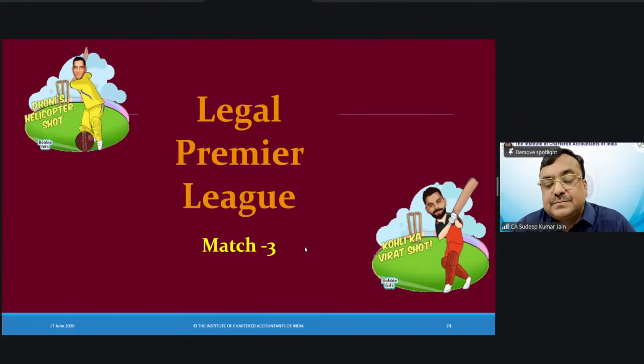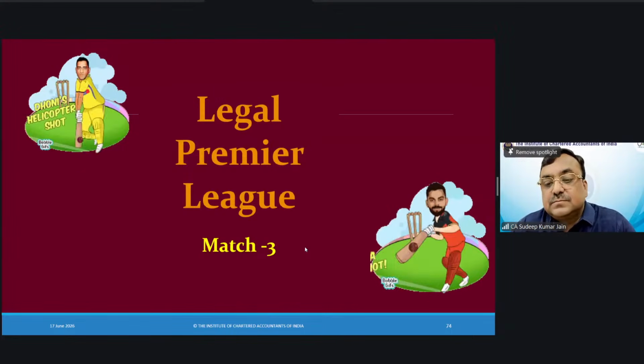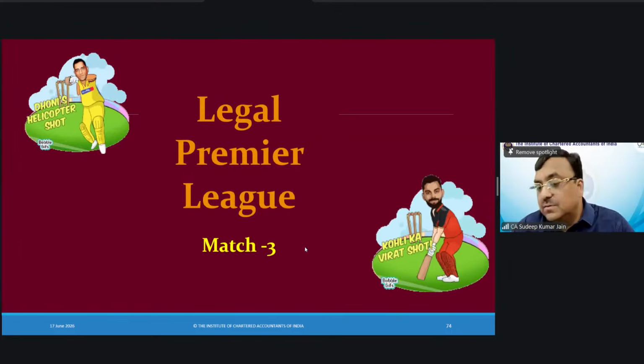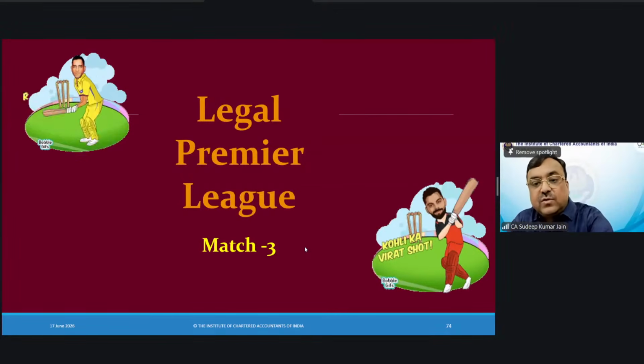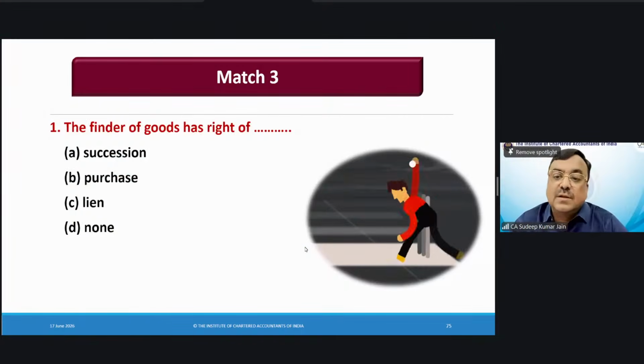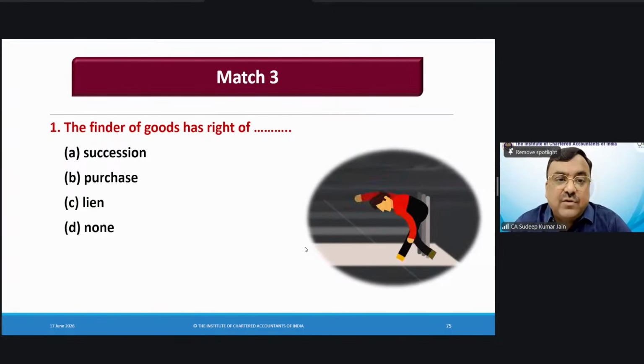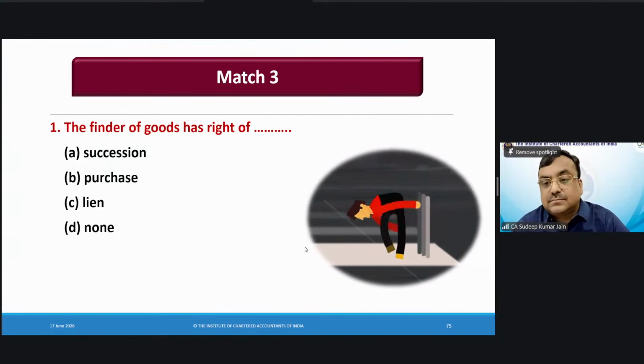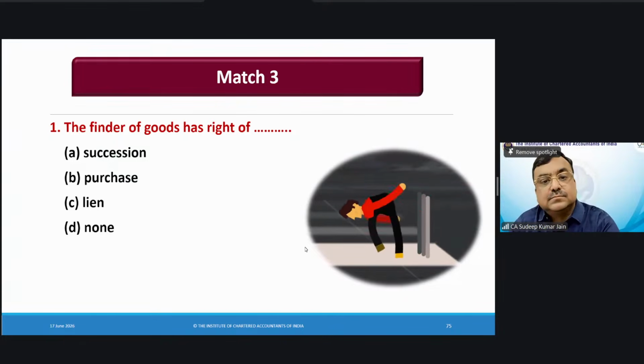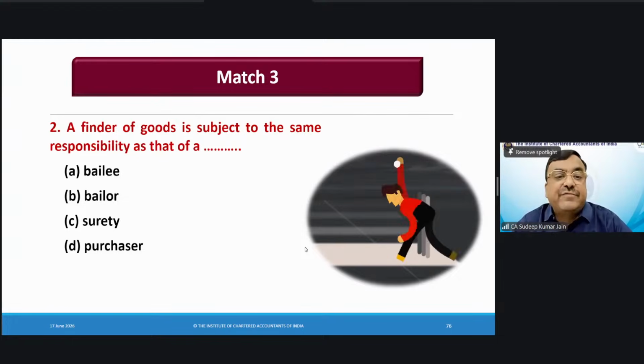Clear? Okay. Let's go for the first question. The finder of lost goods has a right of succession, purchase, lien, none. A finder of goods is subject to the same responsibility as that of bailee, bailor, surety, purchaser.